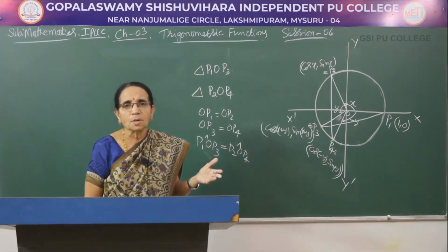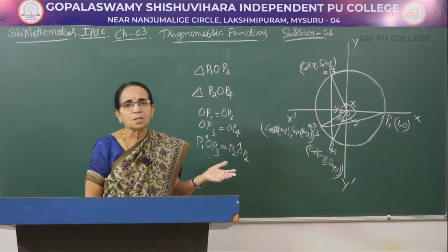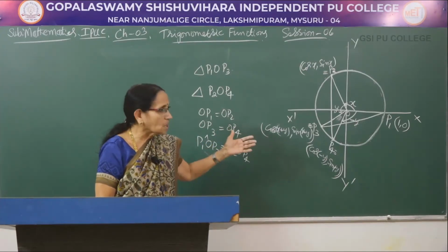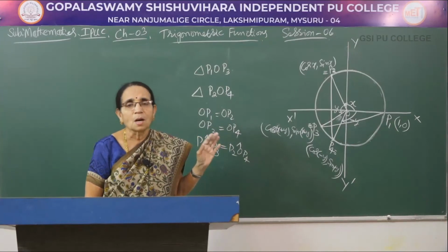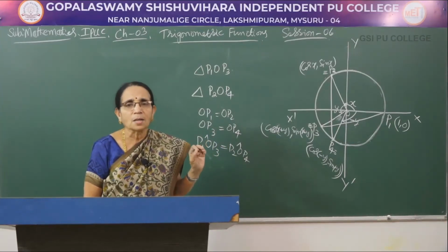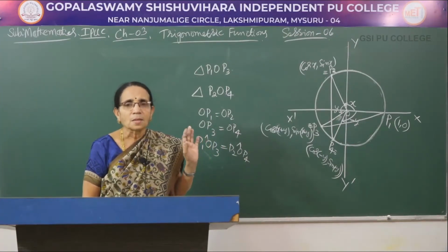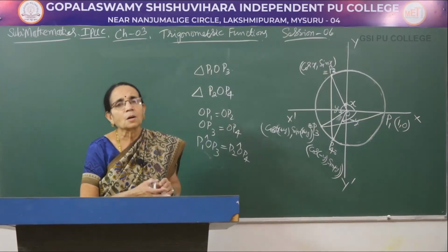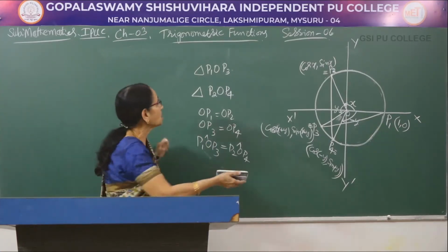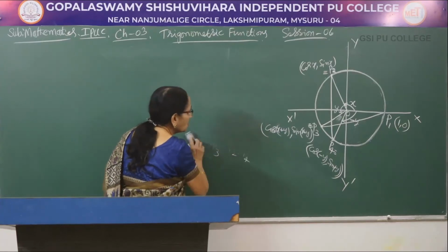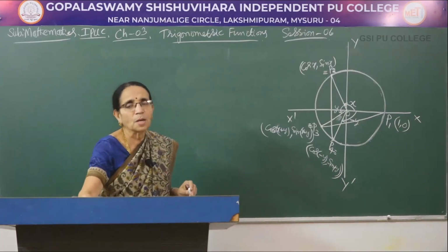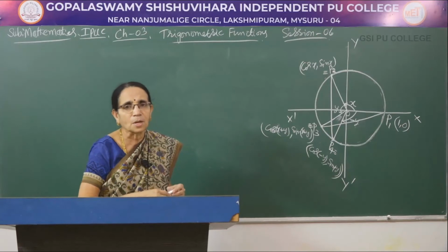Many other conditions are there, but in this particular problem, I am using this condition. Congruent means the remaining angles and remaining sides will also be equal. That is the meaning of that.